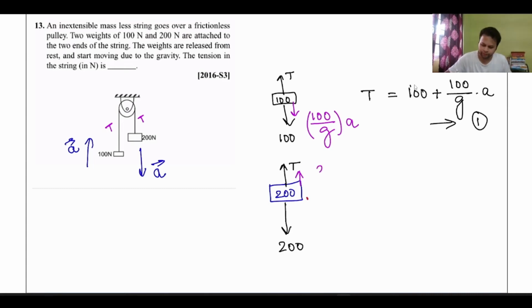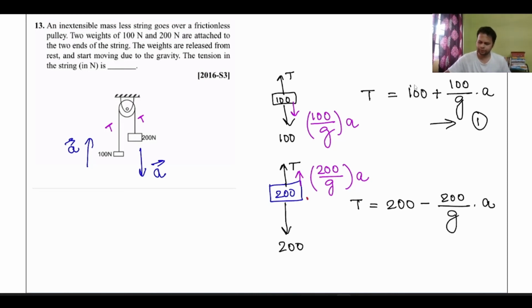What is the mass m? 200 by g, into acceleration a, in the upward direction. So I can write T plus 200 by g into a is equal to 200. Taking 200 by g to the right hand side, I can write equation 2 as T is equal to 200 minus 200 by g into a.